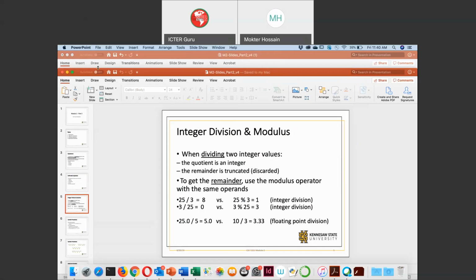For instance, 25 divided by 3 is 8, but 25 modulus 3 gives remainder 1, right? It is not a percentage sign. This sign is used to find the remainder for integer division.